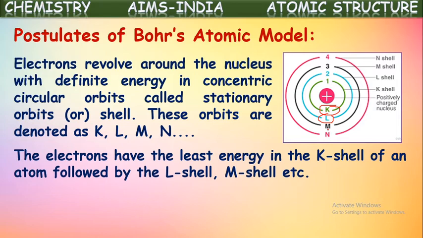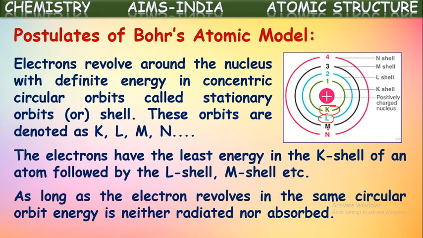As the distance between the orbit and the nucleus increases, the energy of the electrons in that orbit increases. So electrons nearest to the nucleus have the lowest energy, and electrons farthest from the nucleus have the greatest energy.